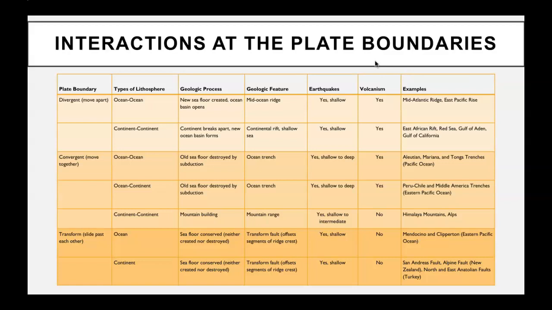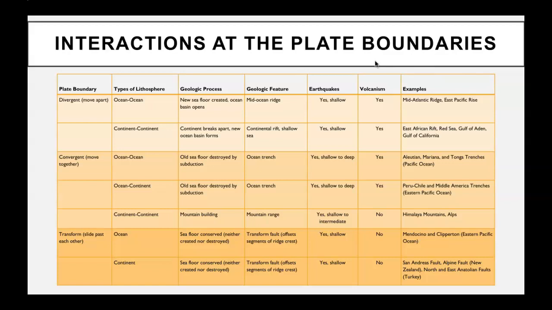So for divergent, you can imagine that the mid-ocean ridges on either side is oceanic crust. For the continents, like the East African Rift Valley, the Red Sea, the Gulf of Aden, the Gulf of California, down there below California, Mexico, that is continental crust that is pulling apart.